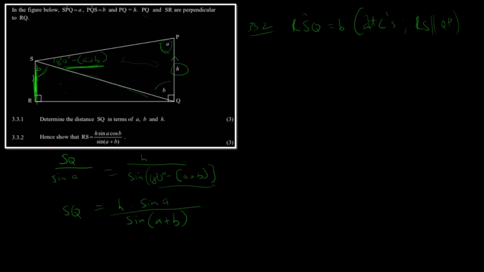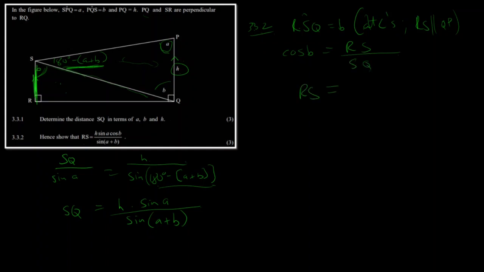So for this we can have a look. Well, RS and SQ are going to be useful if we use the cosine ratio, so let's do that. So cosine of B is just going to equal RS over SQ.